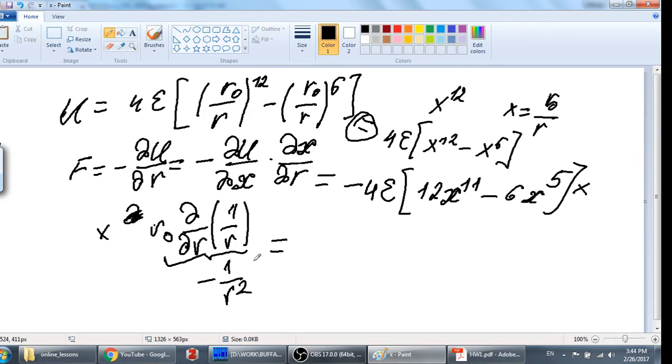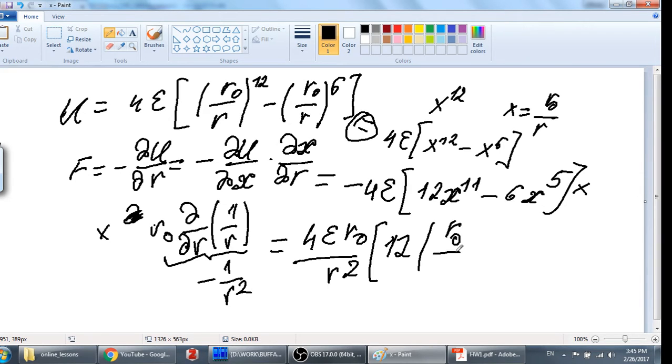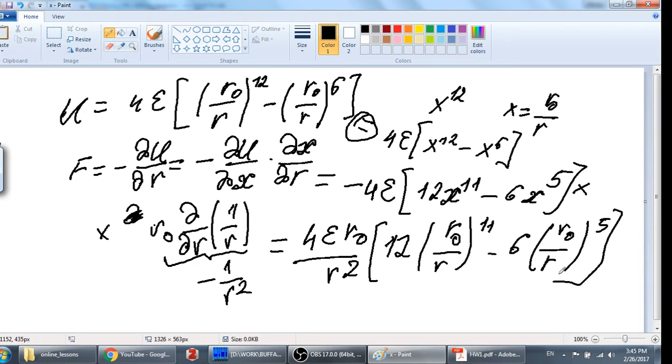So you have minus here together, which gives plus 4 epsilon r naught over r squared, and then here we can recall the definition of x. So we now have 12 r naught over r to the 12 minus 6 r naught over r to the 6, and that's closed. Okay, so that's one of the examples.